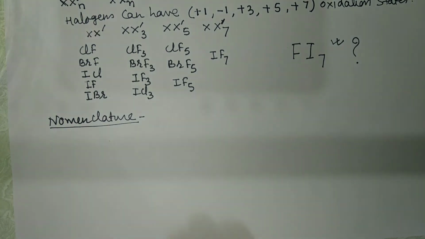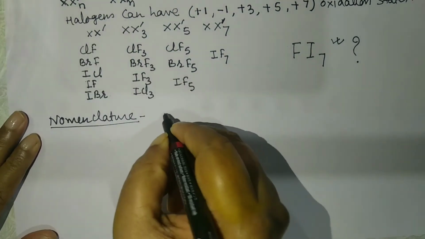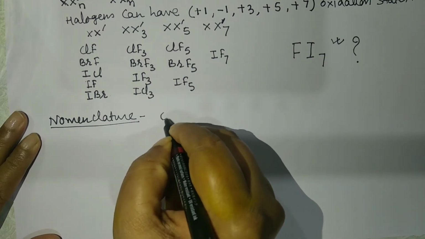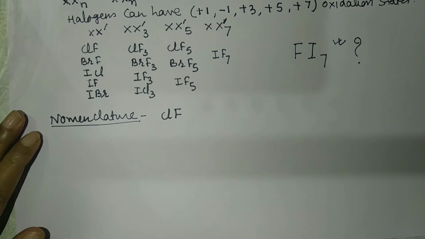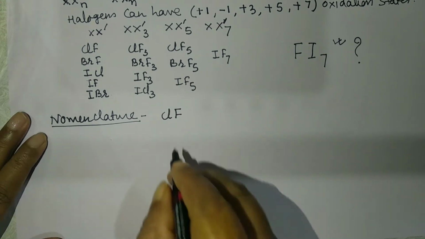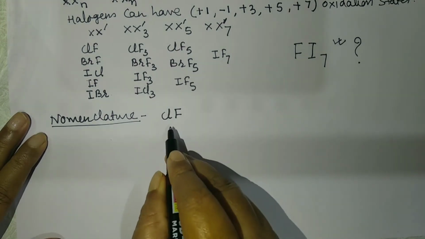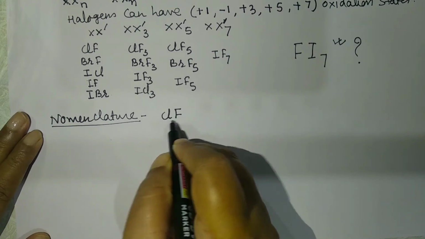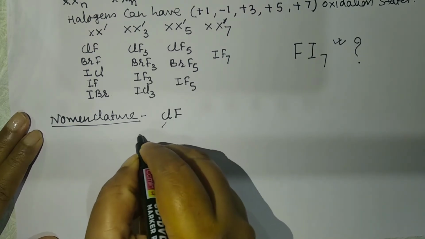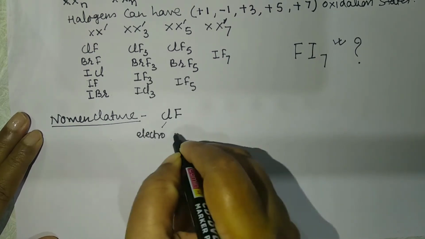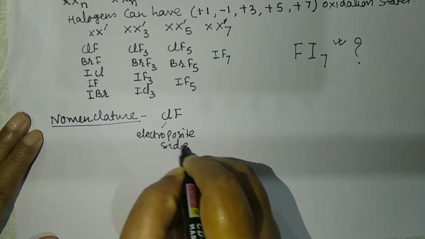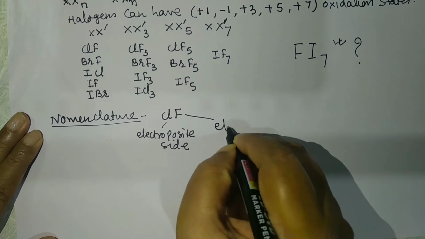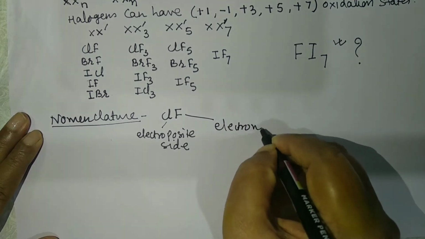Students, if I take any one example, say for example ClF, out of those two, the halogen with the positive oxidation state, when I write a molecule like this, this side is your electropositive side and this is your electronegative side.